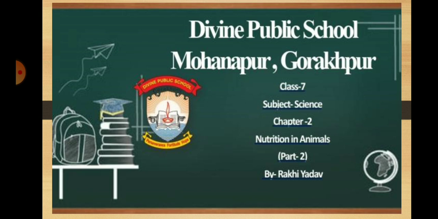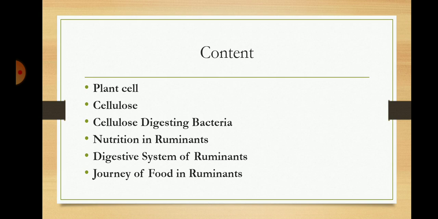In this second part, we are going to learn about the steps of nutrition in ruminants, or the grass eating animals. In this video, we are going to learn about the plant cell, because these ruminants are grass eating animals.